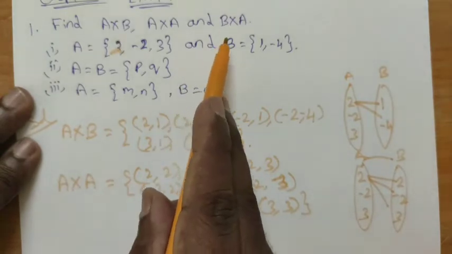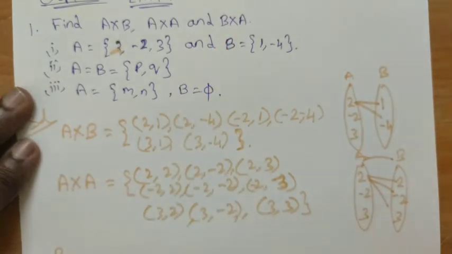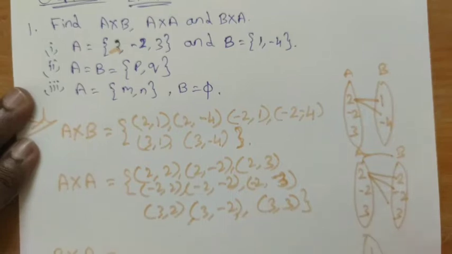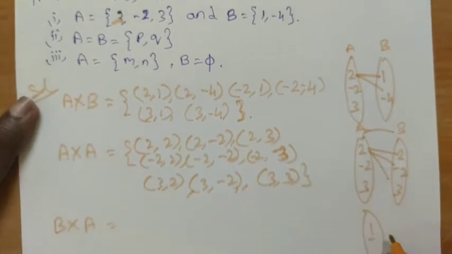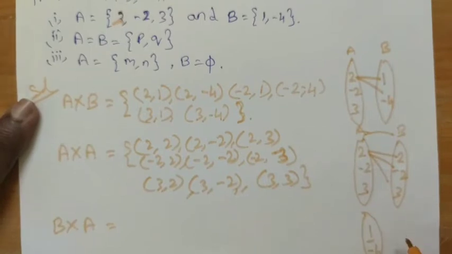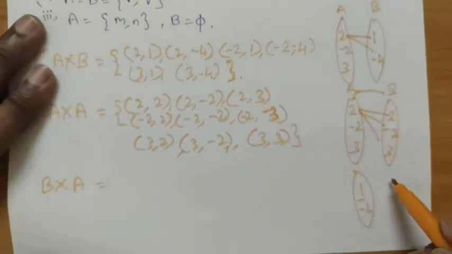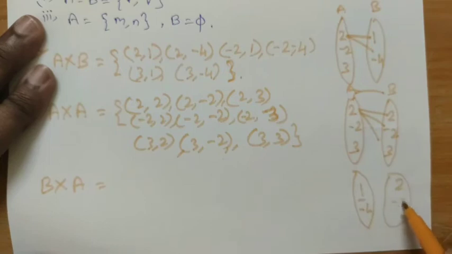Finally we have to find out B into A. Now the B set into the A set. The B set elements are 1 and minus 4, and the A set's elements are 2, minus 2, 3.